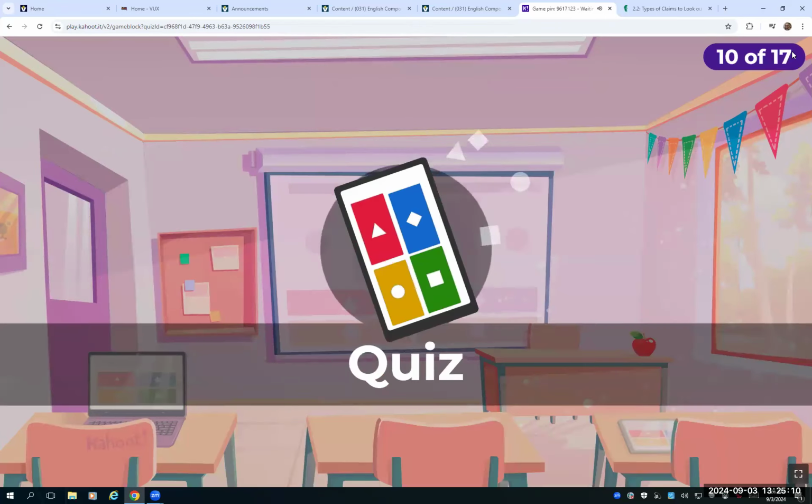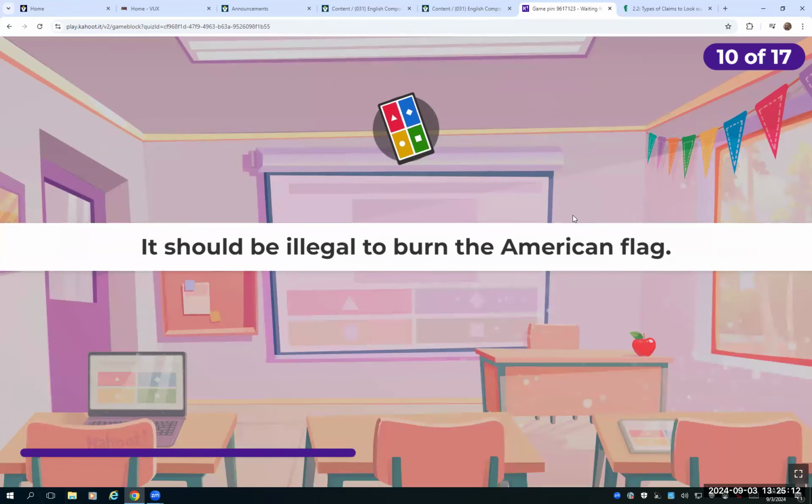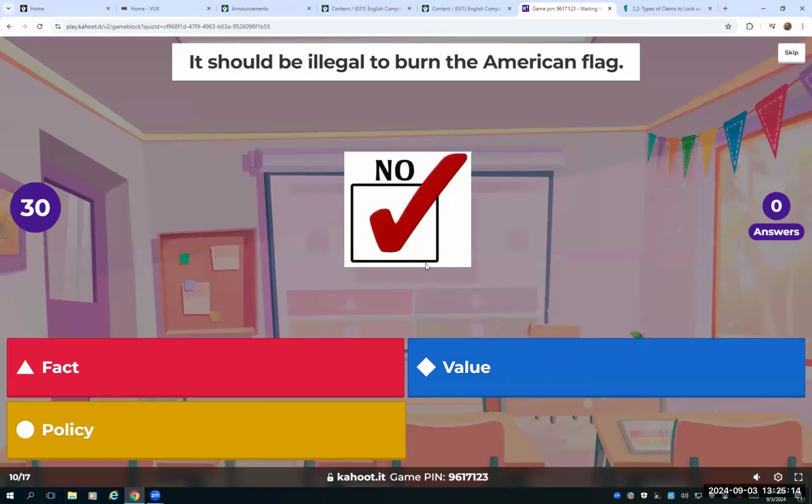All right, next. It should be illegal to burn the American flag. It should be illegal.